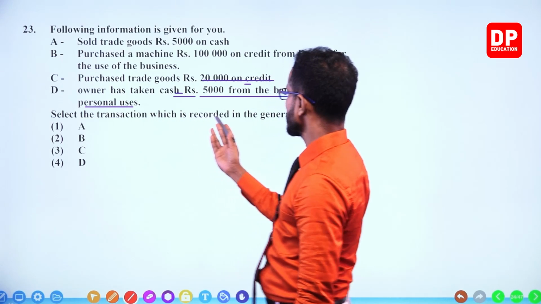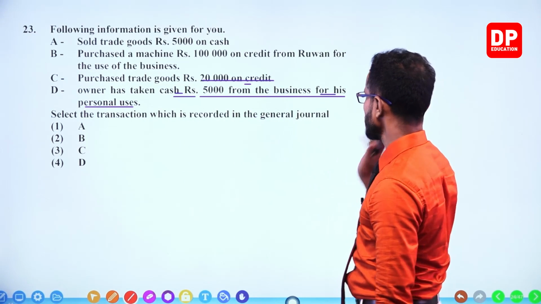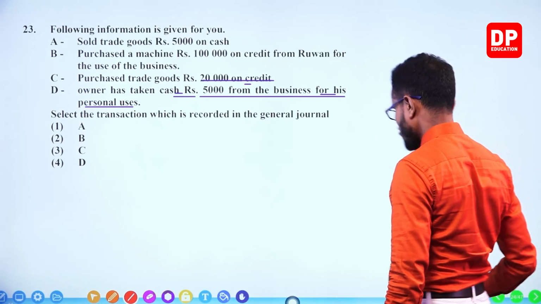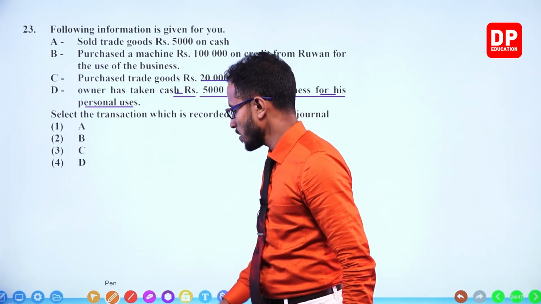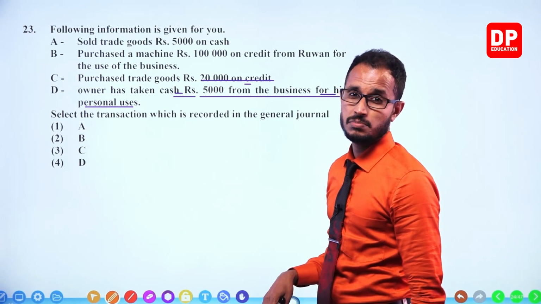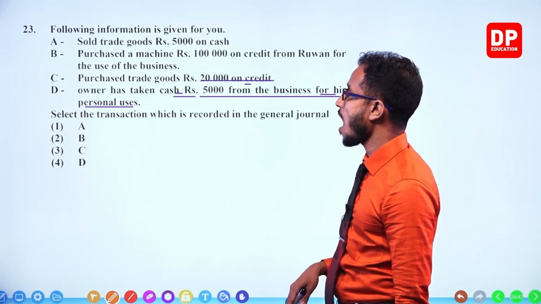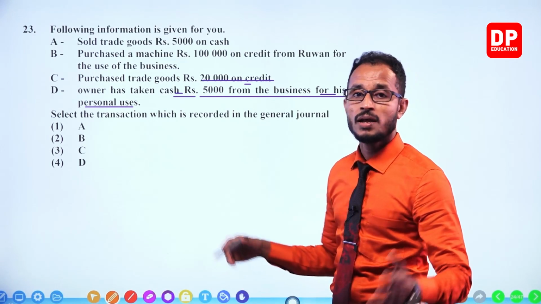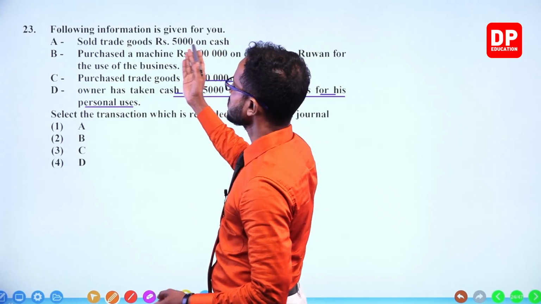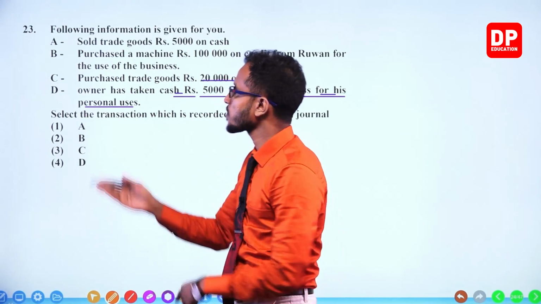Select the transaction which is recorded in the general journal. That's not a difficult question, right? Simple question, right? You should know your prime books. Selling trading goods on cash goes to the cash book.